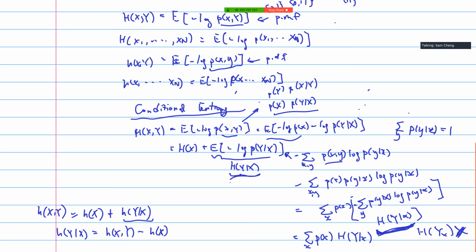This is the same as the one here. But I think this also has a nice interpretation. What's the amount of information or uncertainty you have for both random variables x and y? It will be the amount of uncertainty of x plus the amount of uncertainty of y knowing what x is now, right? So it's very natural.